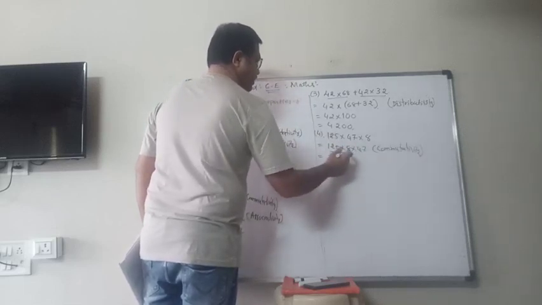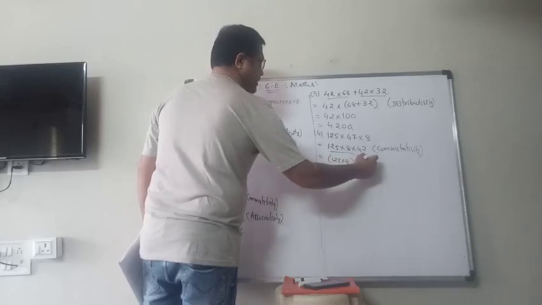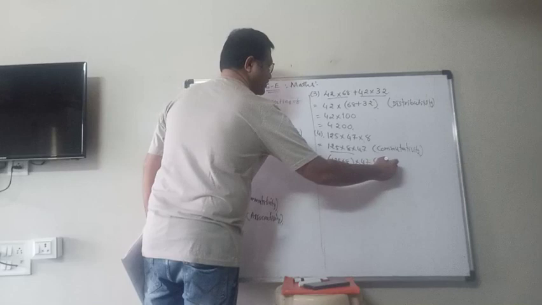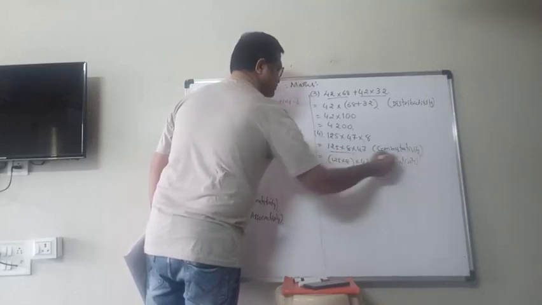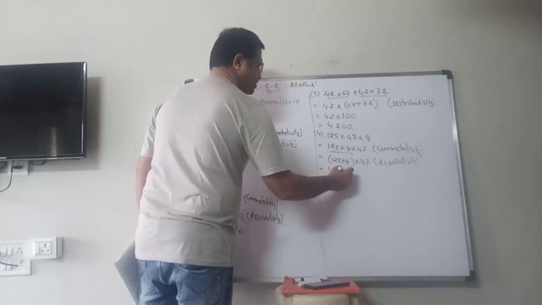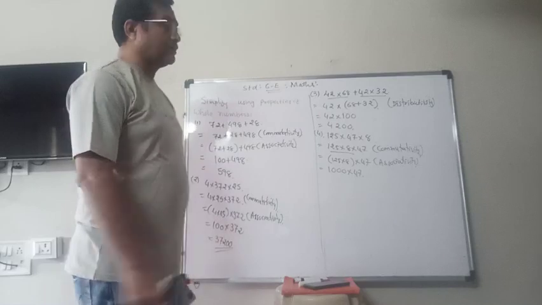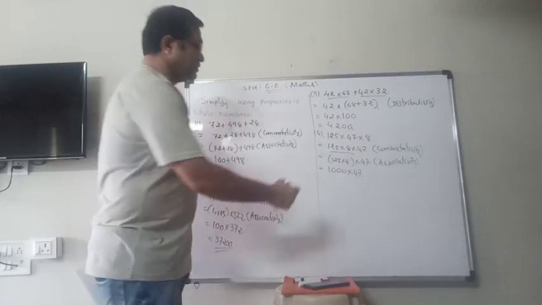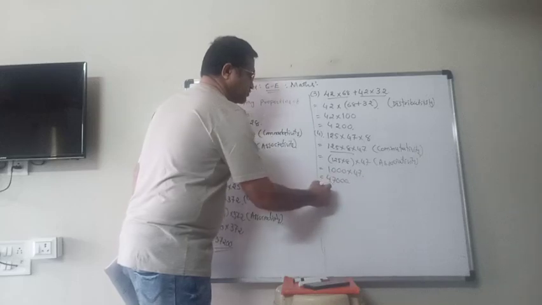And then associativity. 125 multiplied by 8 multiplied by 47. Associativity. And that is 1000 multiplied by 47. And then it is 47,000.